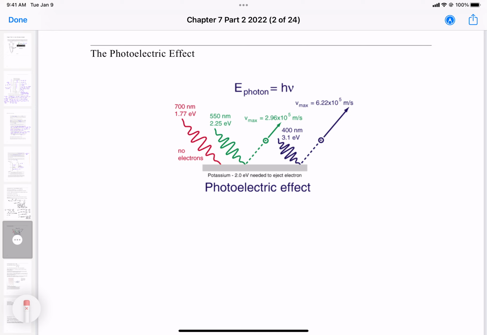So this is where we talk about photons now. He noted that you shine light on, say, a metal surface like potassium, and then you should see an electron get ejected, and you can detect the electrons using a detector, and you can detect the speed at which the electrons move, or their kinetic energy.